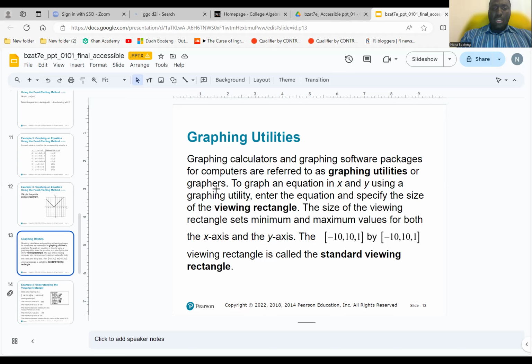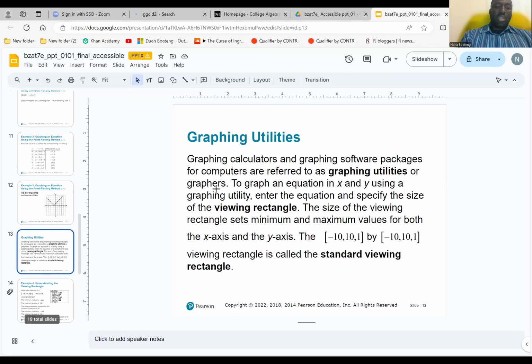So graphing utilities basically mean plotting graphs. And in any standard graphing utility, the standard settings, the x-axis should range from -10 to +10. The y-axis should also range from -10 to +10.